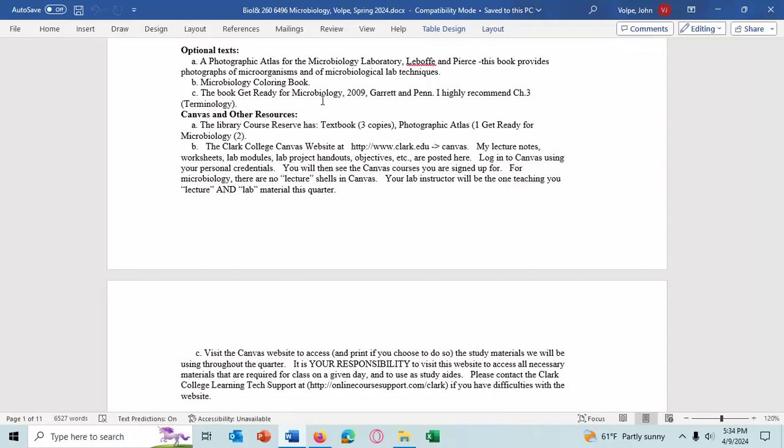There's also the microbiology coloring book and Get Ready for Microbiology. Chapter 3 is highly recommended. All of these optional texts are in the library in the course reserves, but they are optional texts you may buy. You do not need to buy them. You must buy the lecture text.